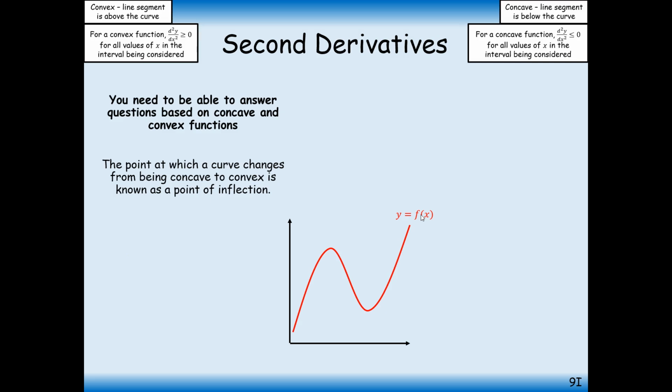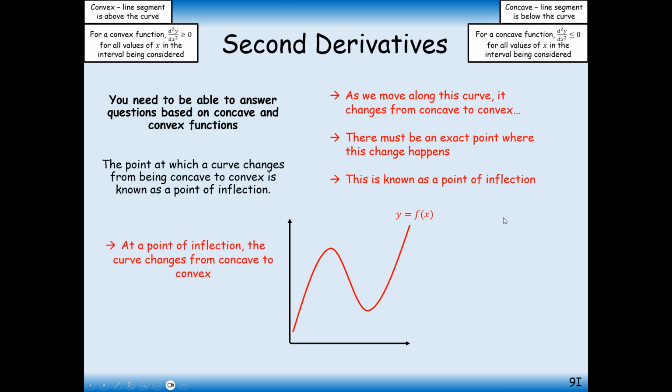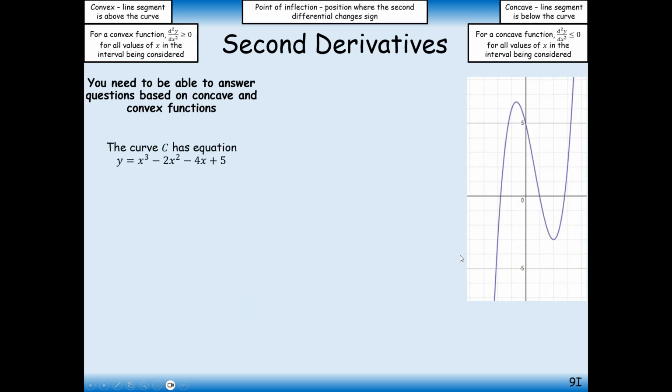Right, so let's discuss the point of inflection now. We said the graph changes from concave to convex, or the other way around, from convex to concave. There must be a point where the second derivative changes from a positive value to a negative value.